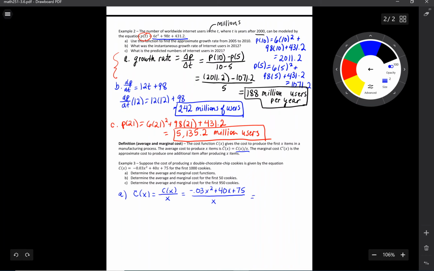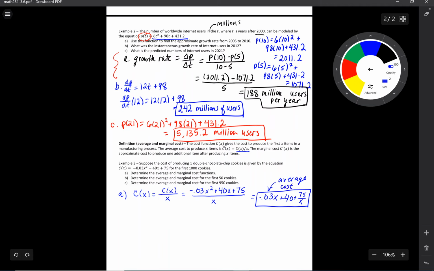So this becomes negative 0.03x plus 40 plus 75 divided by x, if I divide each term by x. This is my average cost.